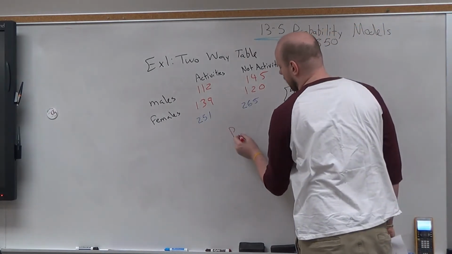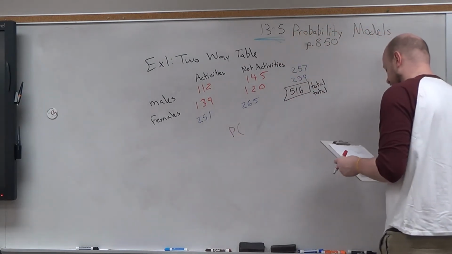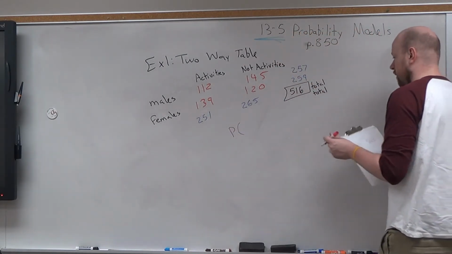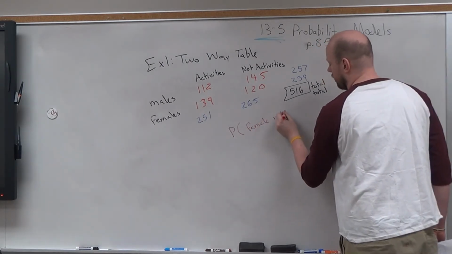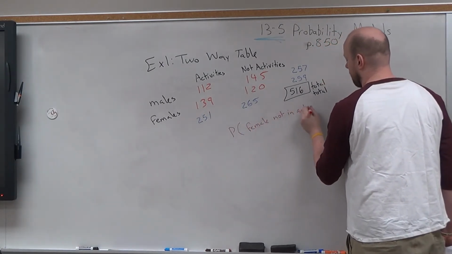Okay? So, we need a question. Find the probability that if we were to pick someone at random, we would pick a female not in activities.